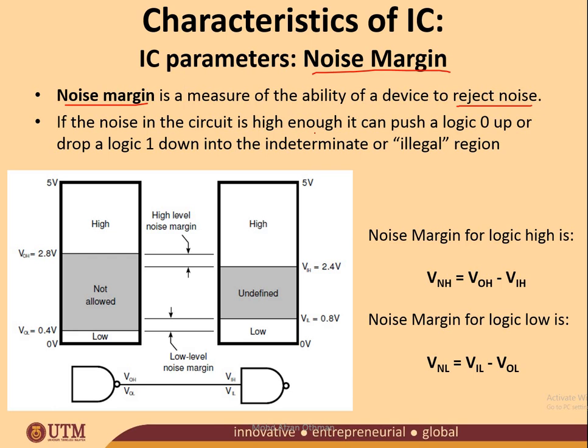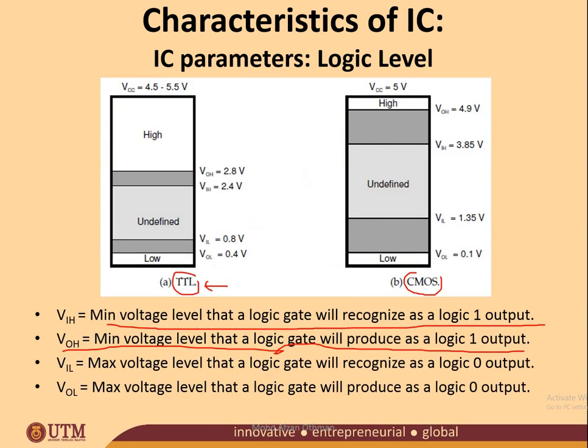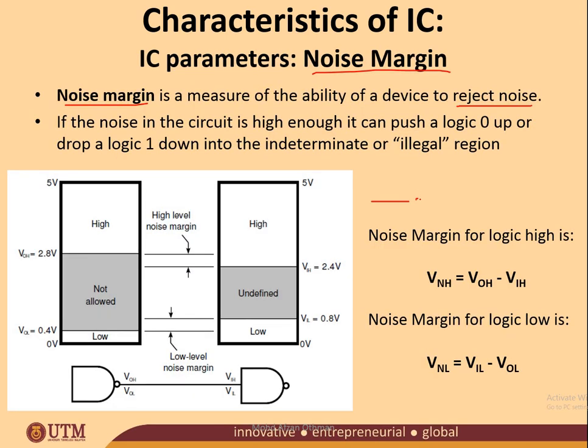So if the noise in the circuit is high enough, it can push a logic 0 up or drop a logic 1 down into the intermediate or illegal regions. I think this is quite understandable. For example, up to 0.8 is considered as logic 0.